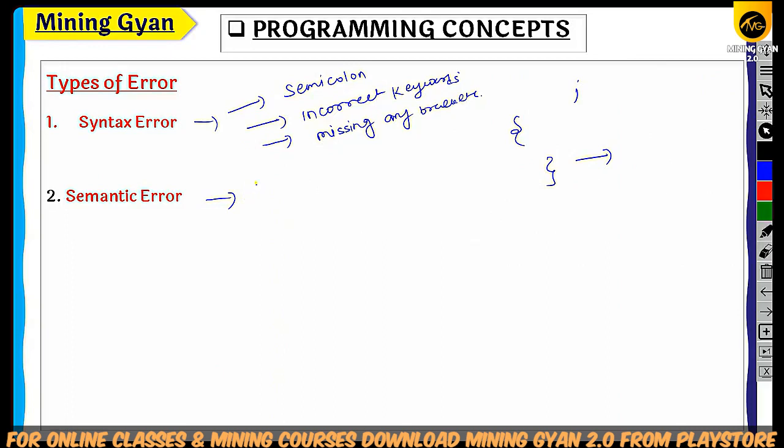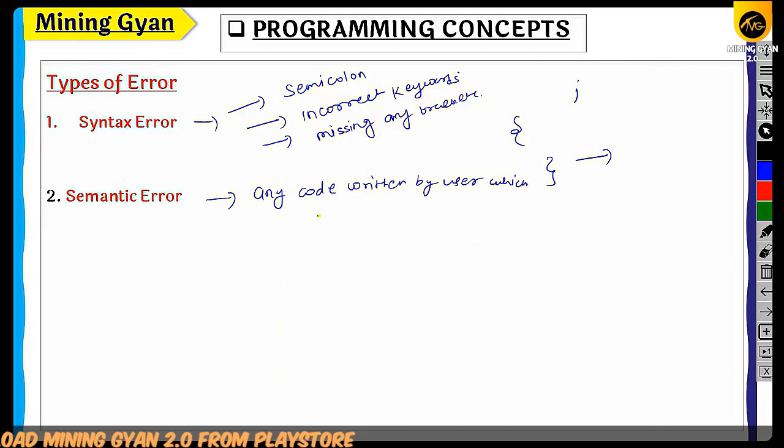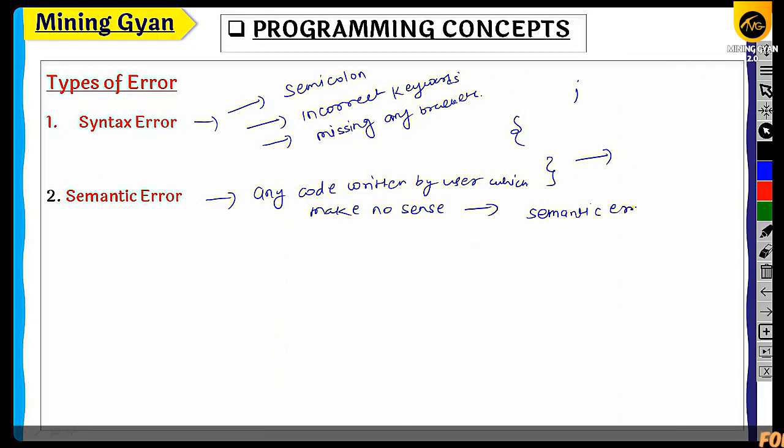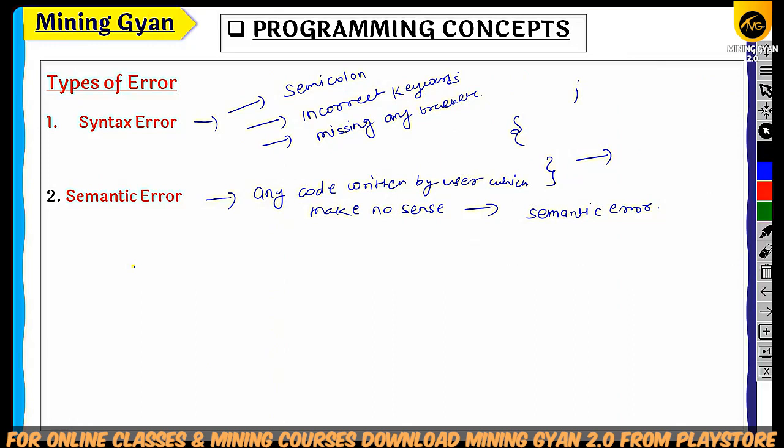So you can write: any code written by the user which makes no sense, then it shows the semantic error.